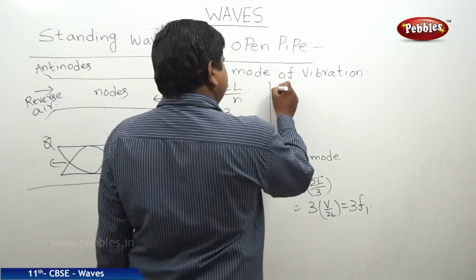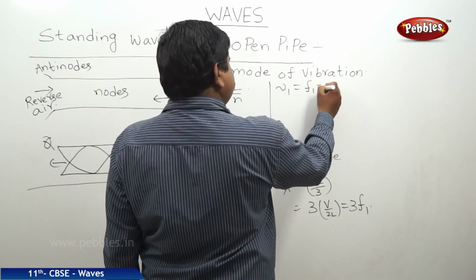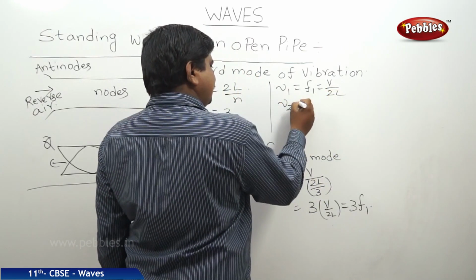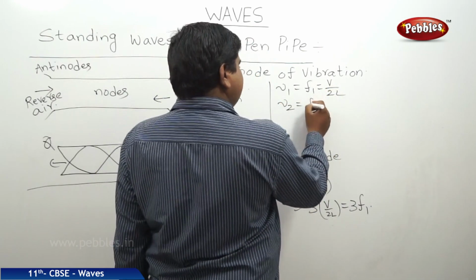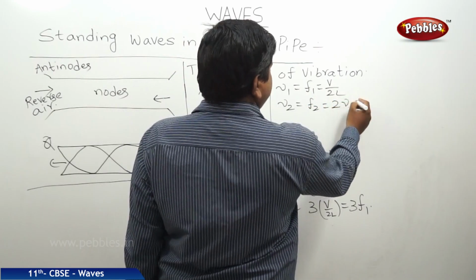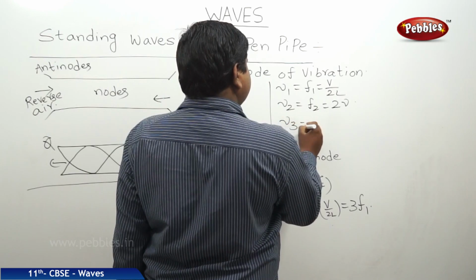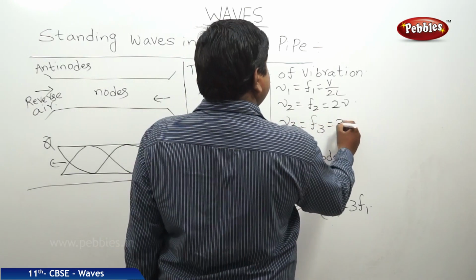So, nu1, that is F1, is equal to V by 2L. The second harmonic frequency F2 is equal to 2 nu1, and F3 is equal to 3 nu1.